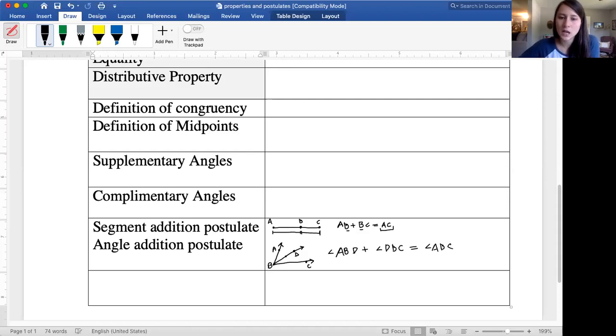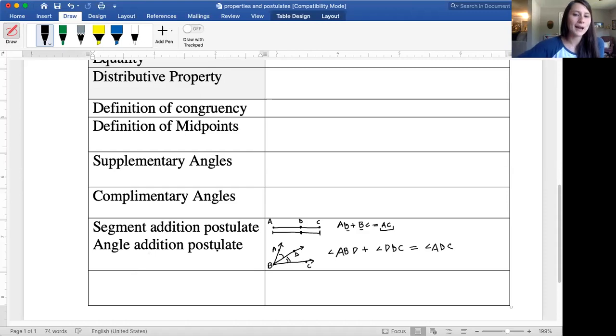So the picture really helps us visualize what's going on. I've got 2 adjacent angles. They share a ray, and these 2 angles might not be the same size, but we know that together they make the bigger angle. So that's what we call the angle addition postulate.